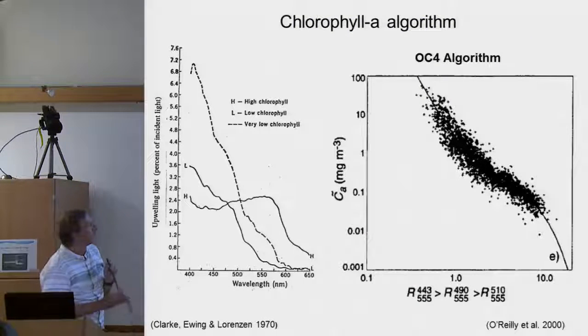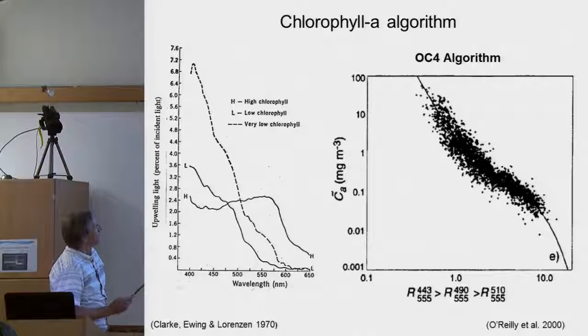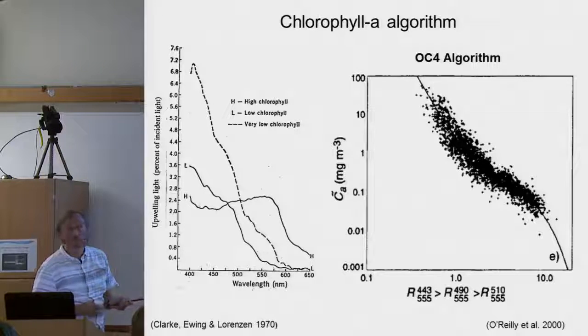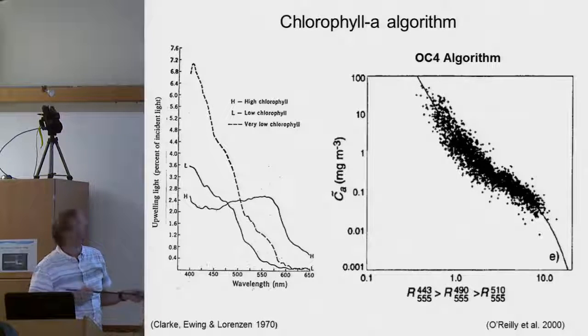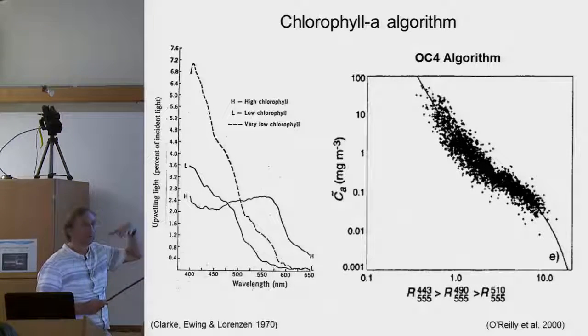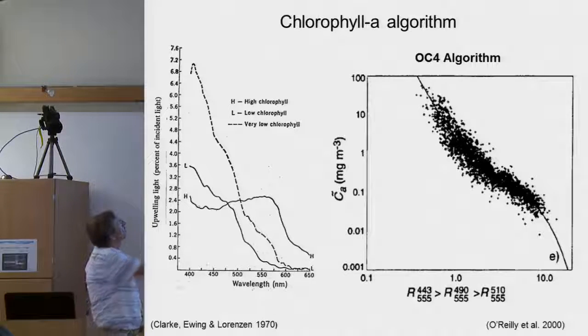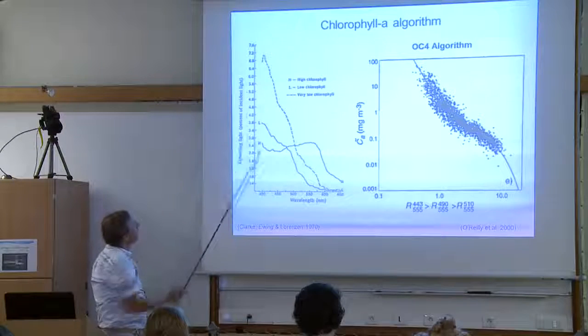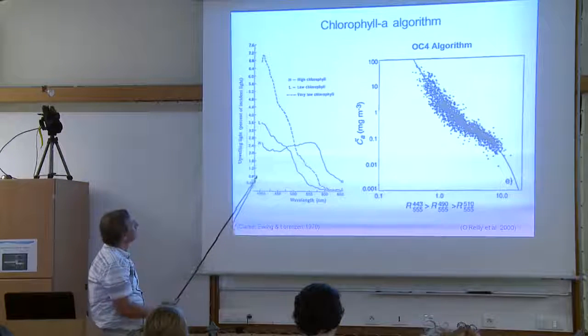But the point I want to make is that this was a very powerful observation, published by Clarke, Ewing, and Lorenzen in 1970 in Science. I believe that was a Science paper. They didn't make many measurements from aircraft, but enough to show the relationship between upwelling light versus wavelength.